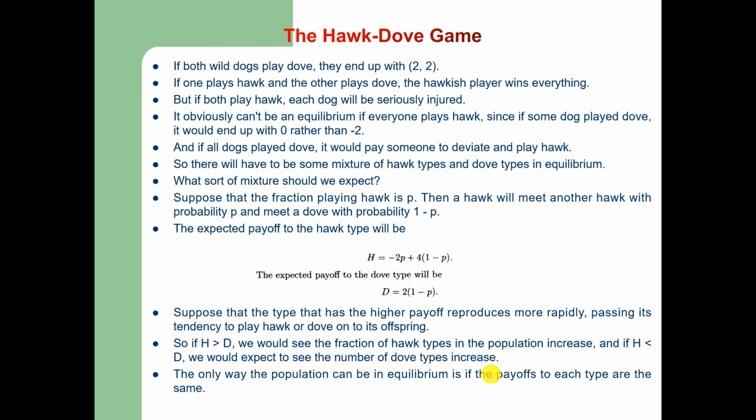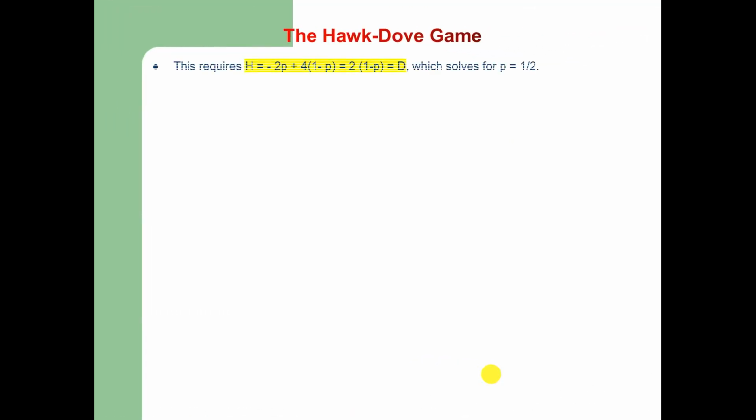The only way the population can be in equilibrium is if the payoffs to each type are the same, and this would require that h equals minus 2p plus 4 into 1 minus p, and that is equal to 2 into 1 minus p. So in that case, the payoff to the hawk is equal to that of the other player which plays dove. This solves for p equal to 1/2, that is, the probability is 50-50. We have found that a 50-50 mixture of doves and hawks is an equilibrium situation in this case.